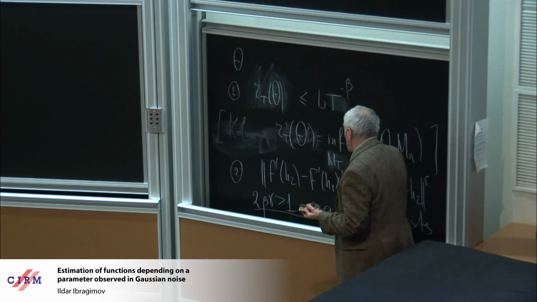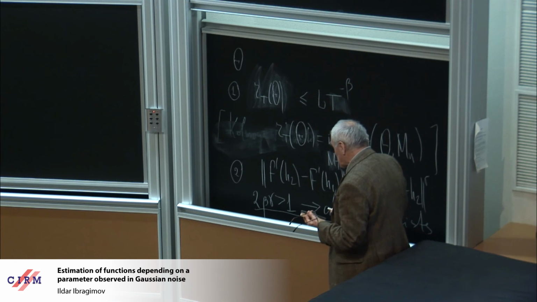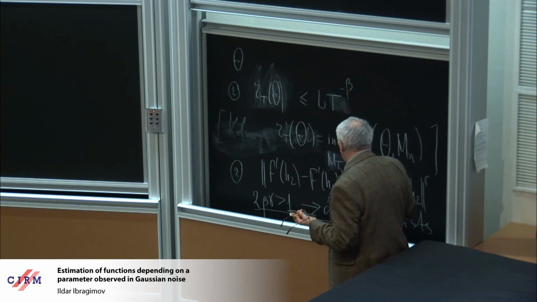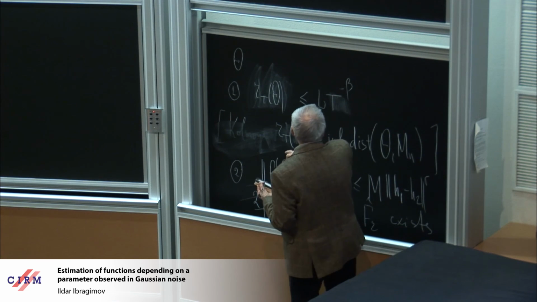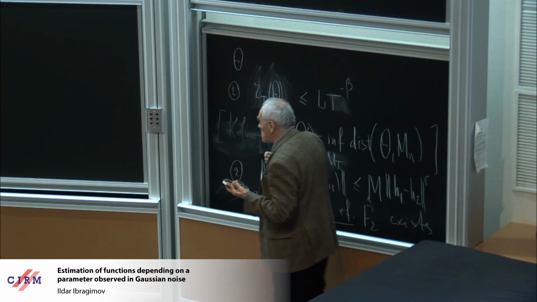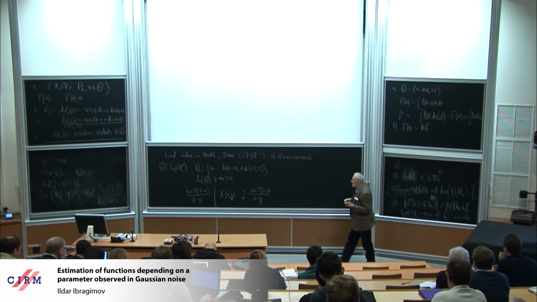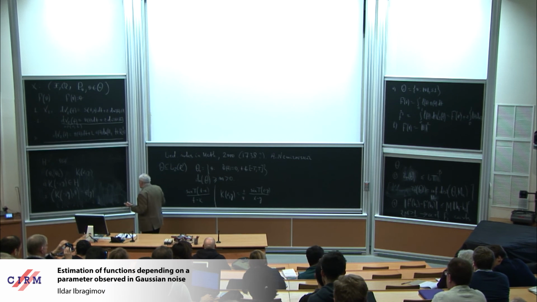The second condition is just the same. The function f should be differentiable and the derivative satisfies the Hölder condition, and the condition on beta and gamma again is the same. So under this condition, efficient estimates of f(theta) in the case of problem 3 exist.